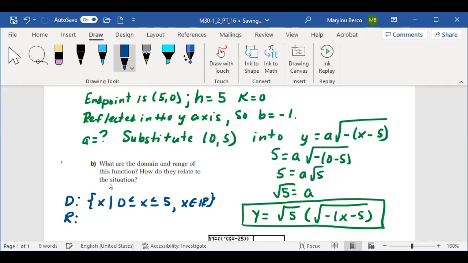For the range, it can't be a negative height or greater than the height of the roof. So y such that y is between 0 and 5.